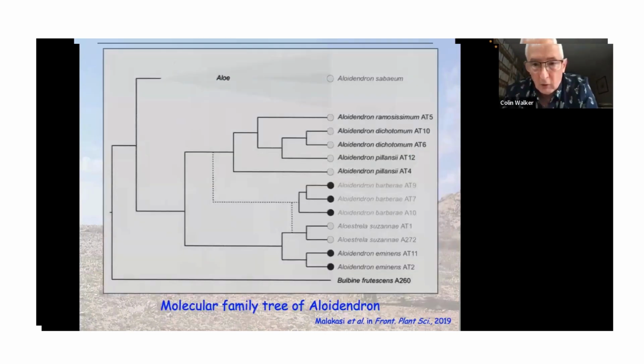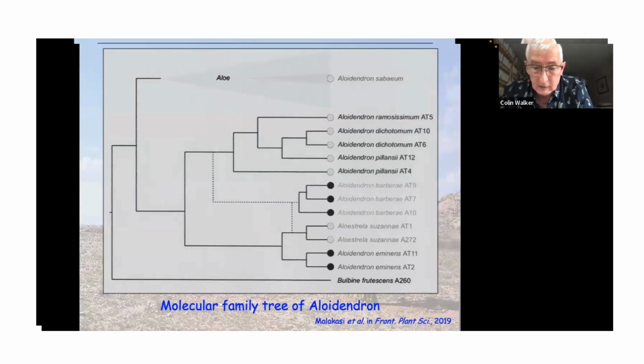What were the results? This is now the current molecular family tree of the tree aloes. So at the top, we've got Aloidendron ramosissimum, dichotomum and palanzii, they are closely related. At the bottom, we have Aloidendron eminens.